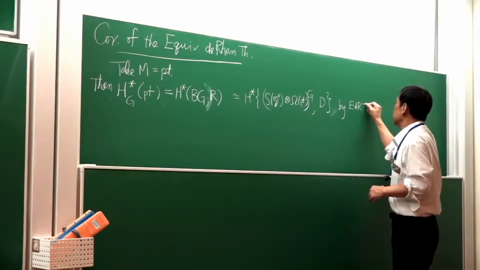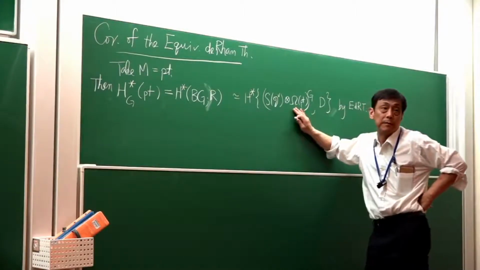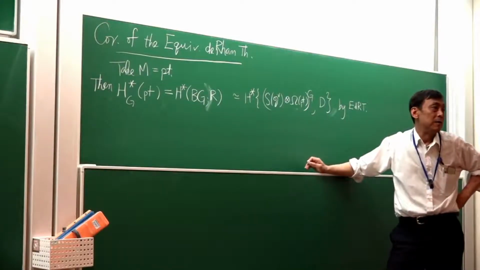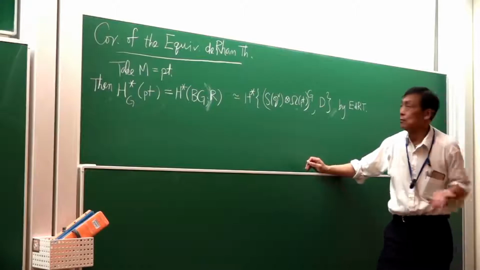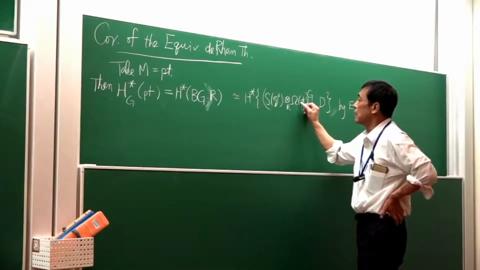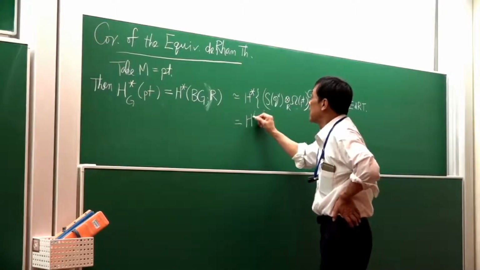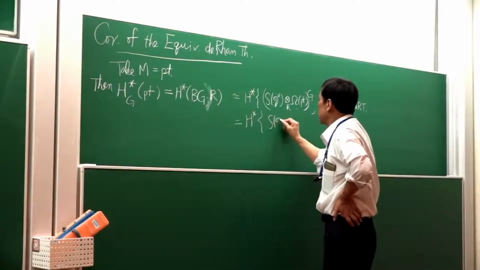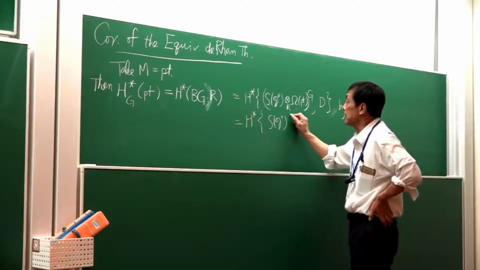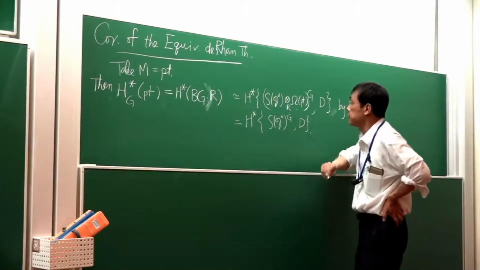Equivariant de Rham theorem. And now the de Rham complex on a point, it's just R, right? It's just the constants. There are no differential forms there. So you tensor R over R, so it's just the symmetric polynomials, okay? But the invariant ones.